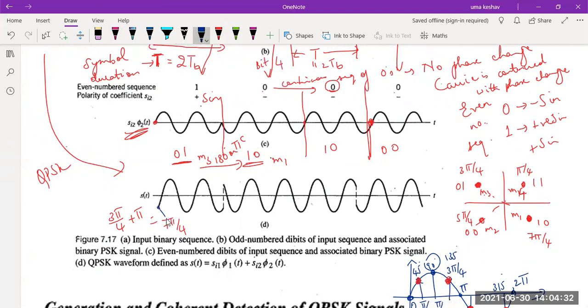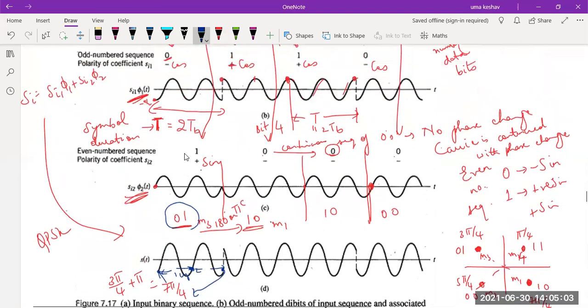So it is starting at a phase of 7 pi by 4, and by the time it comes here, we have completed one cycle. So from here to here, it is one cycle. I'm using two carrier cycles. So again, I will repeat the same waveform and I will end up here. So we started at 7 pi by 4 and we are ending at 7 pi by 4. We have represented the dibit pair 0, 1 now.